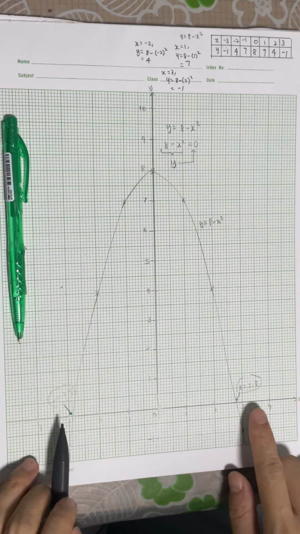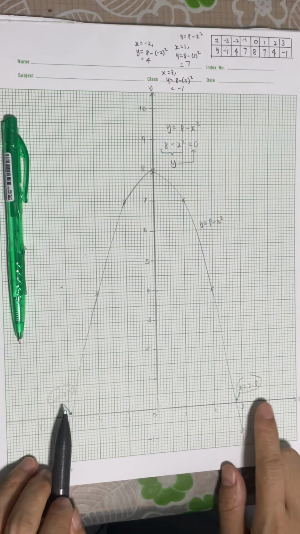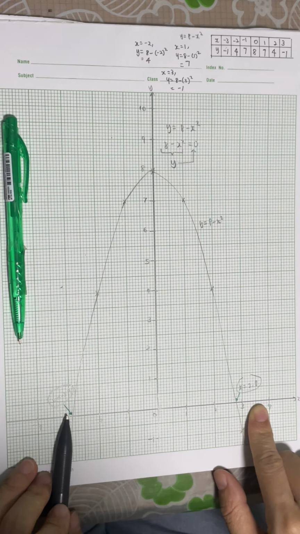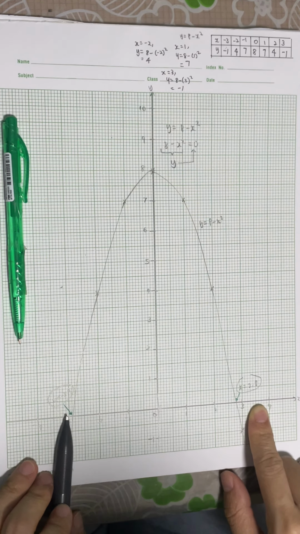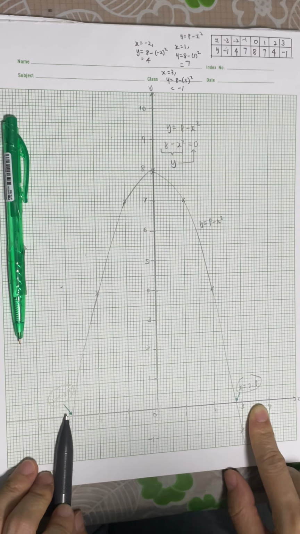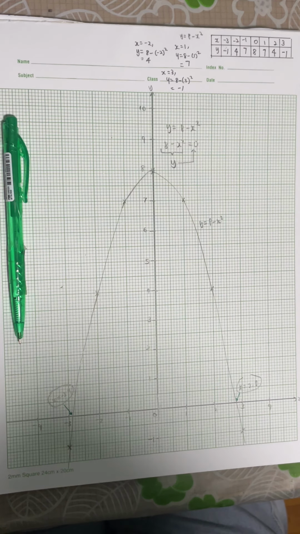Now this is symmetrical, so by right it should be the same value. However, sometimes when we draw graphically, it doesn't quite match. But as long as the numbers are not too far apart, it should be quite okay. So that's how we solve question 3.